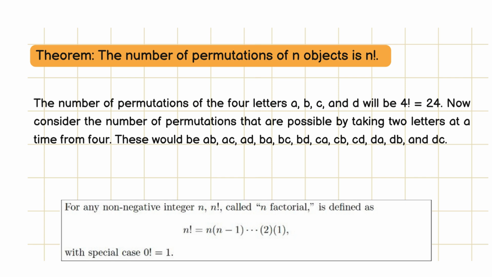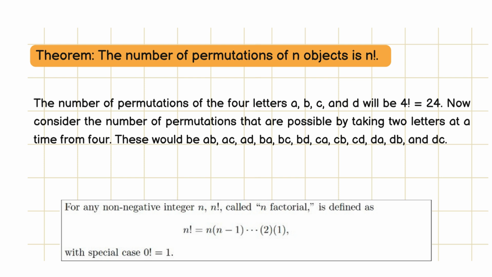So we have a definition here. For any non-negative integer n, n factorial is defined as n factorial equals n times n minus 1 and so on until times 2 and times 1, with the special case 0 factorial equals 1.